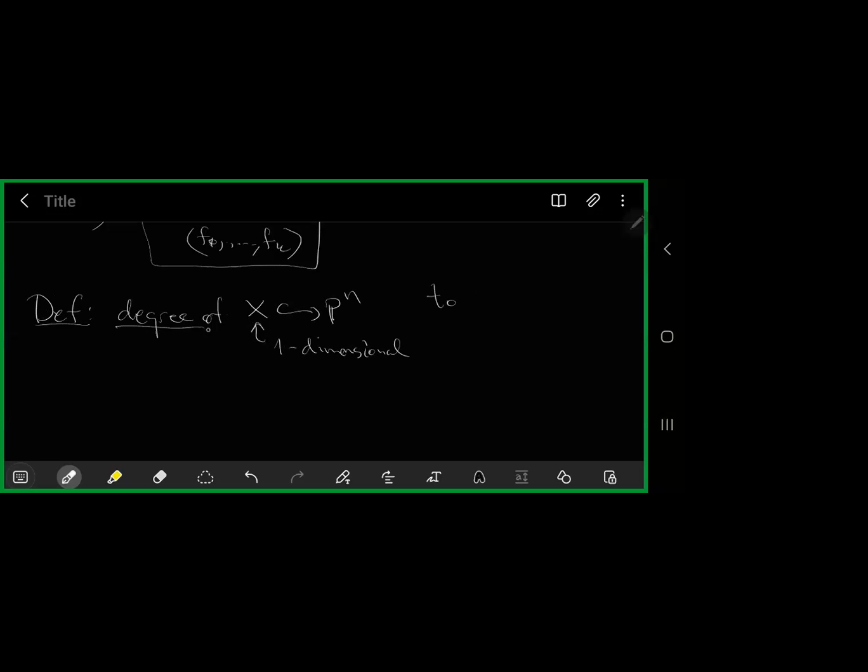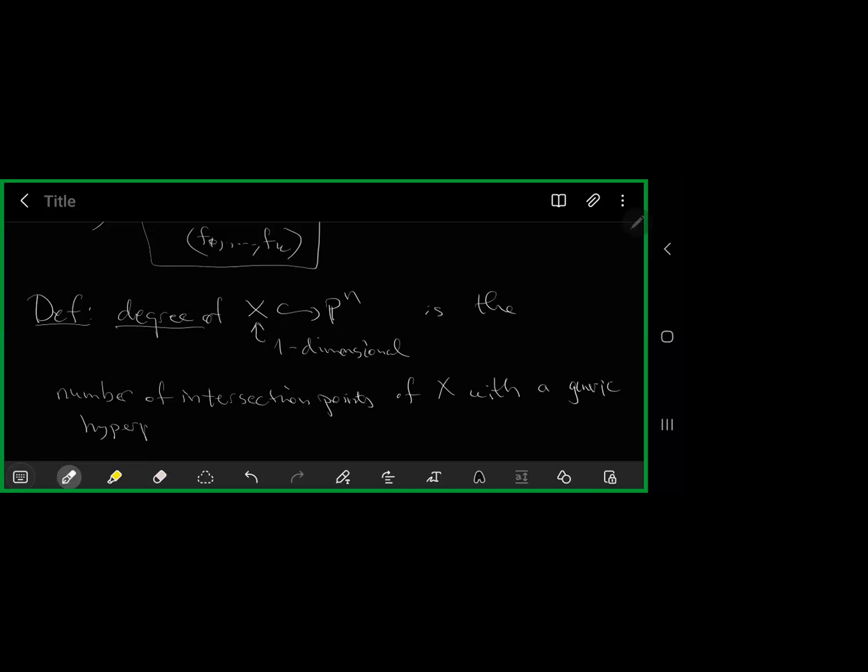So the degree of X in Pn is defined to be the number of intersection points of X with a generic hyperplane.